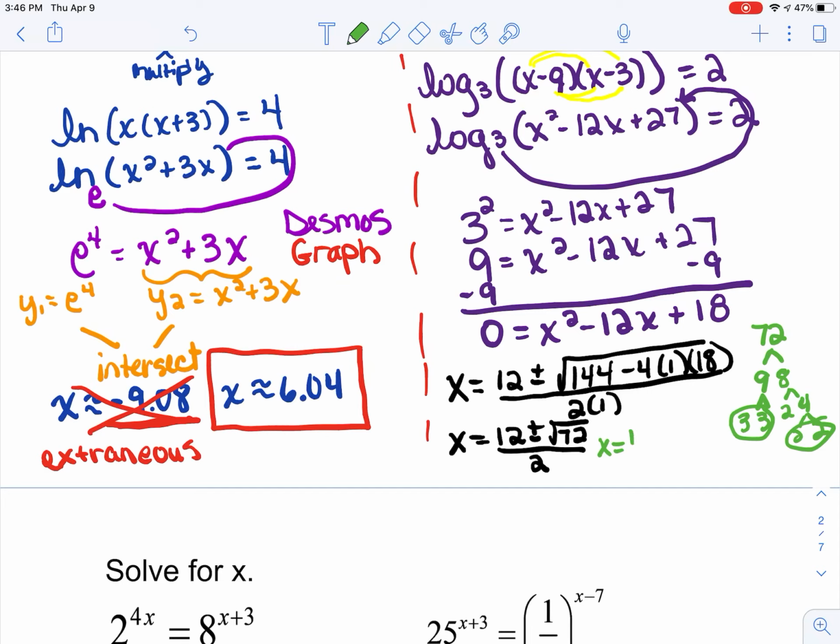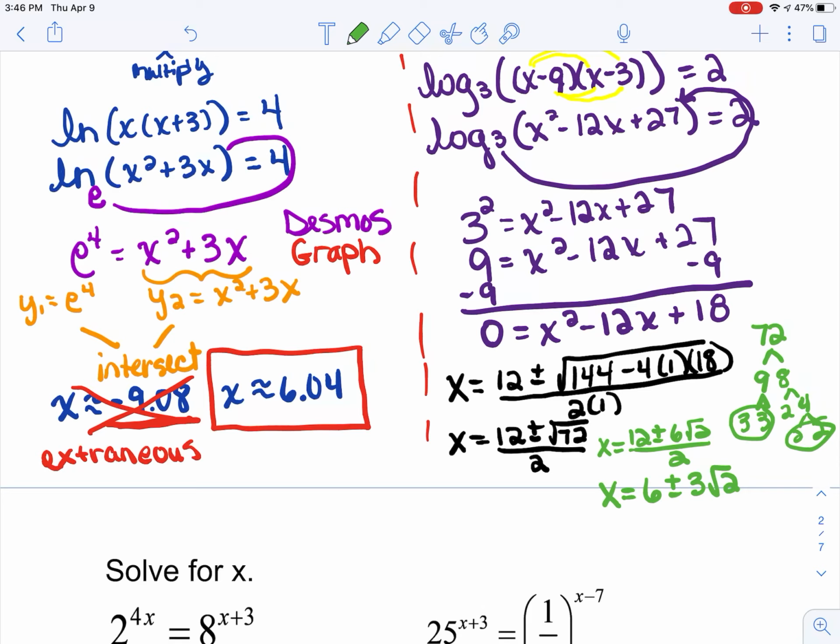So we have x equals 12 plus or minus 6 square roots of 2 all over 2. Now that will reduce to be 6 plus or minus 3 square roots of 2.